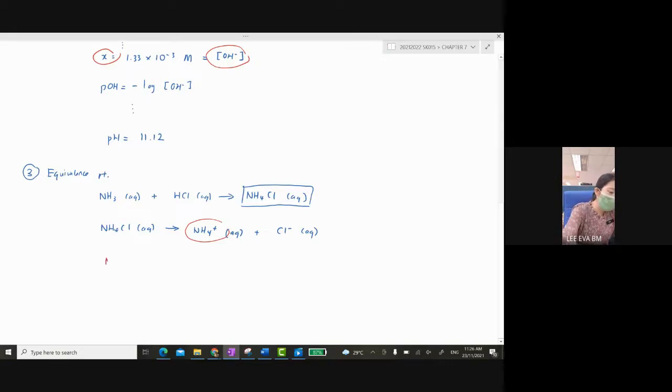So the equation for hydrolysis is just practice of what you learned previously. NH4 plus reacts with water in equilibrium to give you NH3 and H3O plus. Make sure the equation is balanced. Since you have the H3O plus, the hydrogen ion, we know that the pH is less than 7 at equivalence point.